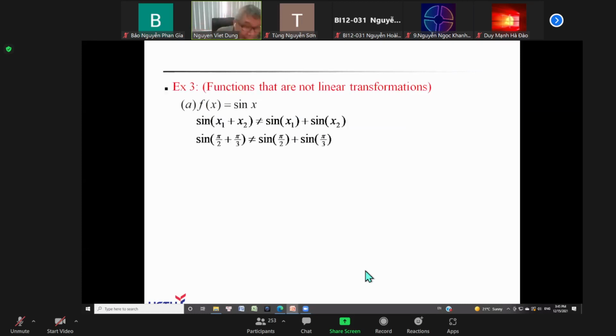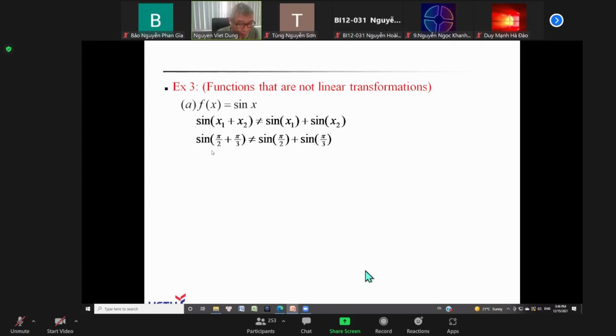But here are examples of functions which are not linear transformations. Now we are given f of x equals sine of x. I believe that you remember the formula from trigonometry: the sine of x1 plus x2 is always different from sine of x1 plus sine of x2.